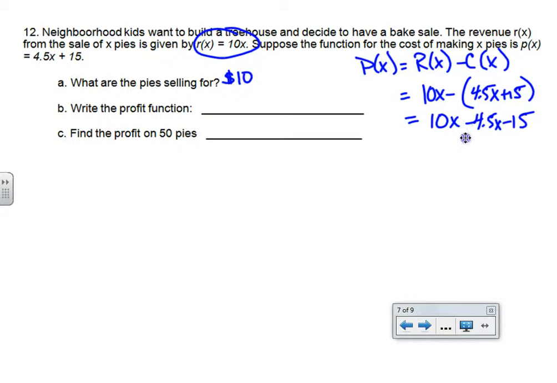So when I combine my like terms, that ends up being 5.5x minus 15. And I should have started this with p of x equals, sorry. That's an equals. And I'll find the profit of 50 pies. We're going to evaluate that new profit function at 50. And I think I already did that, and I got $260.